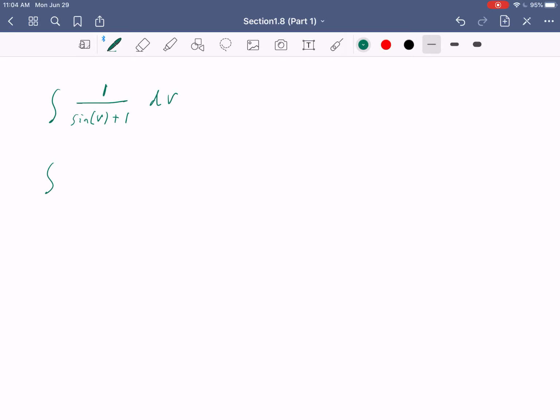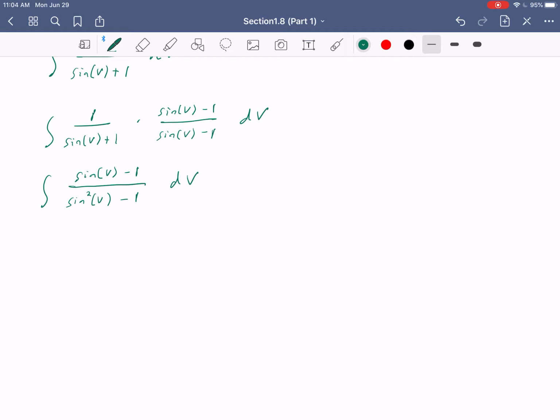So we're going to multiply 1 over sine v plus 1 times sine v minus 1 over sine v minus 1 dv, which gives us sine of v minus 1 over sine squared of v minus 1.